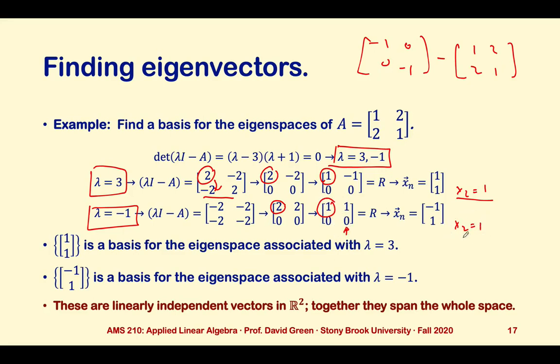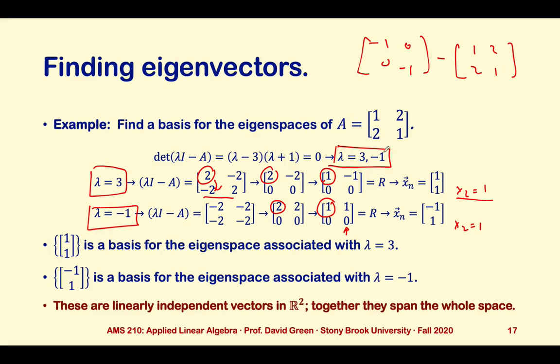We set the free variable equal to 1 and find the value for the pivot column by negating the entry found in the free variable column. So we get -1, 1 as our special solution. -1, 1 is a basis for the eigenspace associated with this other eigenvalue.